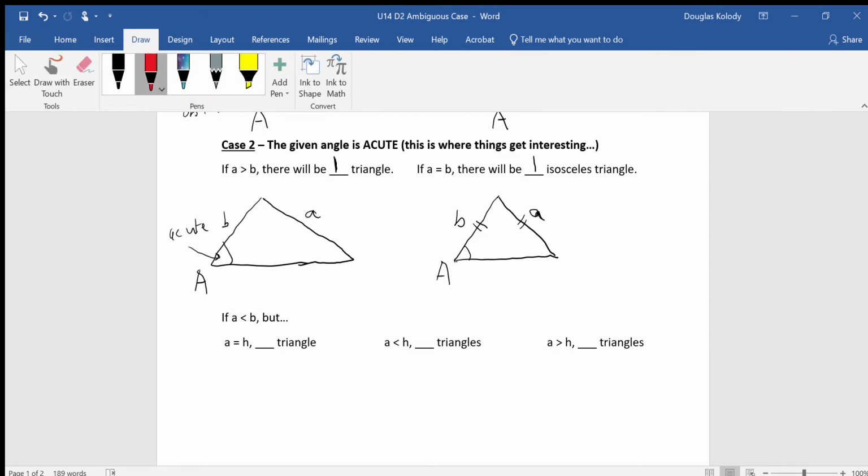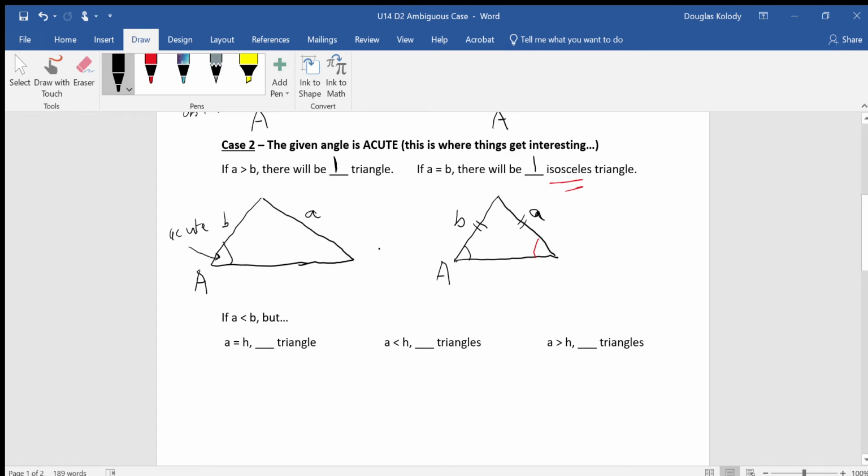And I'll use a red pen for this because that angle is the same right there. Keep this in mind because we're going to be using isosceles triangles a little bit later in this lesson. It's going to pop up. So that is if A is greater than B or A equals B.